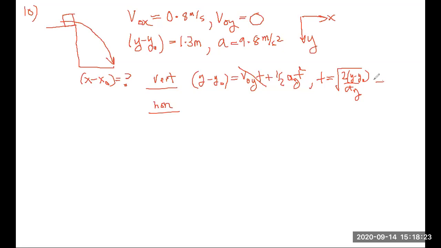I won't plug in the numbers, I'm running out of room, but we're going to plug in, obviously, the 1.3 meters displacement and 9.8 meters per second squared acceleration, and then take the square root of that. I think my writing's really bad on this bit, but it looks like I got 0.515 seconds, so half a second to hit the ground.